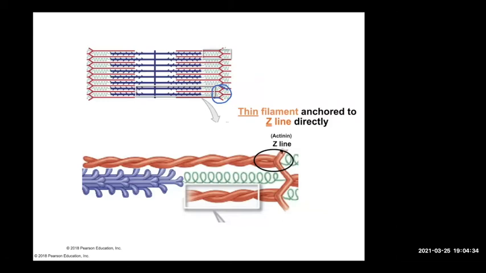This is actually another type, it's actinin, a different type of actin. So they are directly connected. So if these move, they're pulling the Z line with them. Okay, so that's important. The thick filaments are attached to them, but that's not going to come into play during the sliding filament theory.